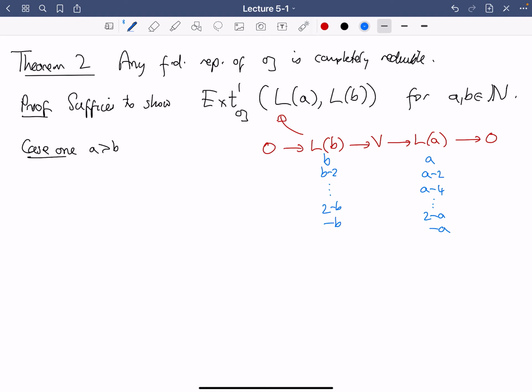And so this V is an extension of these two finite-dimensional vector spaces as a G module. So certainly, as for the action of H, it'll have a submodule where H is acting diagonally with those eigenvalues, and it'll have a quotient module where H is acting diagonally with those eigenvalues. And if A is bigger than B, well then this A is the highest of any eigenvalue appearing either in the submodule or the quotient.